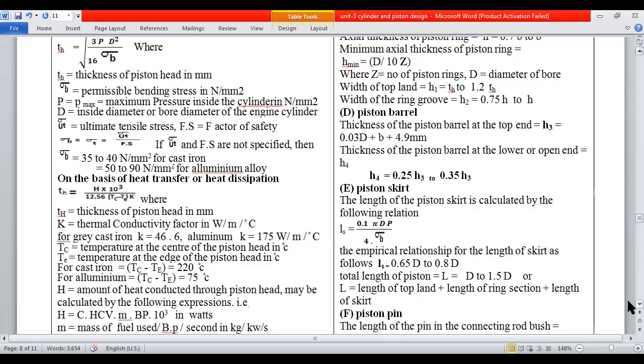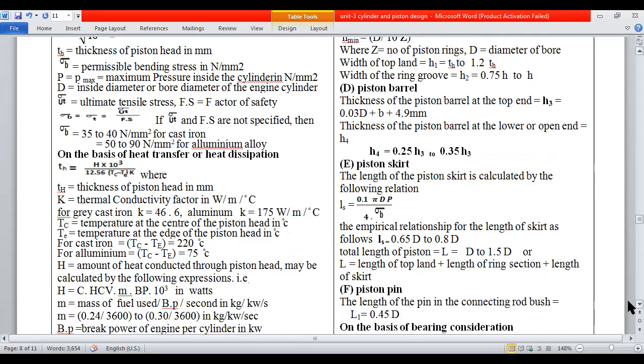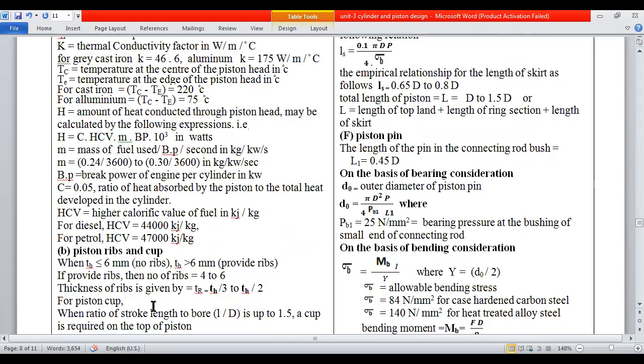So design of the thickness of a piston head is the first step, and the second step is design of piston rings and cup. Okay, so it is the second step. In second step, you have to design the number of ribs, piston ribs required, and the shape and radius of the cup.